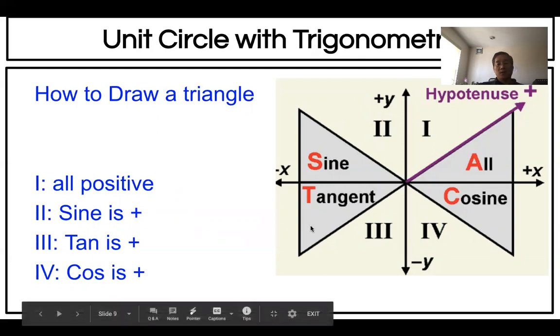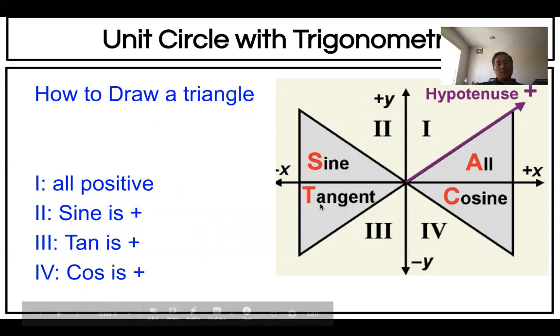In quadrant 3, only tangent is positive, but sine and cosine become negative. In quadrant 4, only cosine is positive, sine and tangent are negative. That way, if you just solve algebraically, you will get the sign, positive or negative. But to verify the answer, just remember the "All Sin Tan Cos" curve.